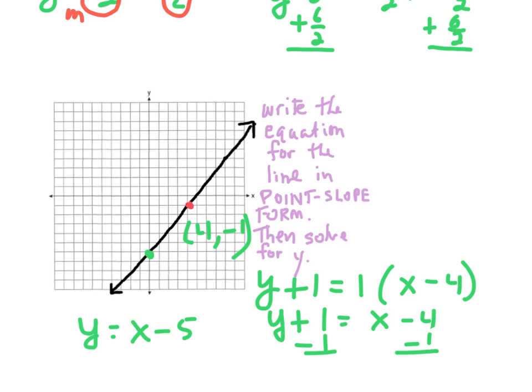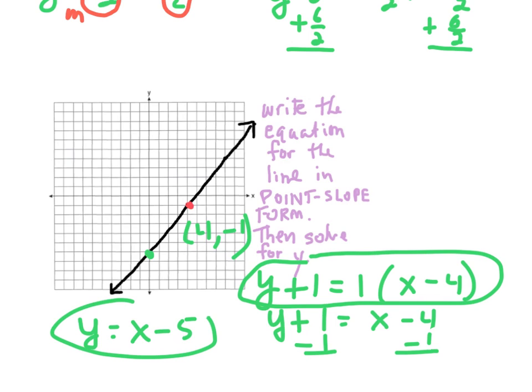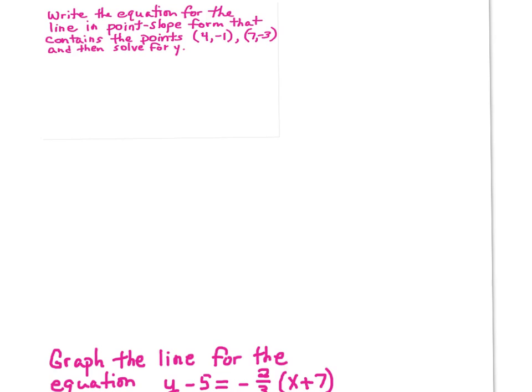So here are the two tasks: find the equation in point slope form, and then solve for y. So those are my 2 outcomes. This one says, write the equation. Now, what happens if I give you 2 points and not the slope? You find the slope. So negative 3 minus negative 1 over 7 minus 4.